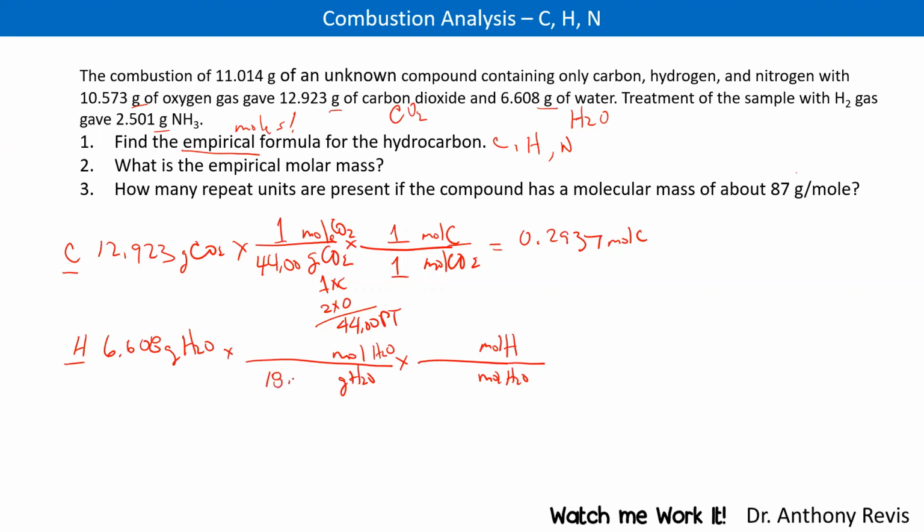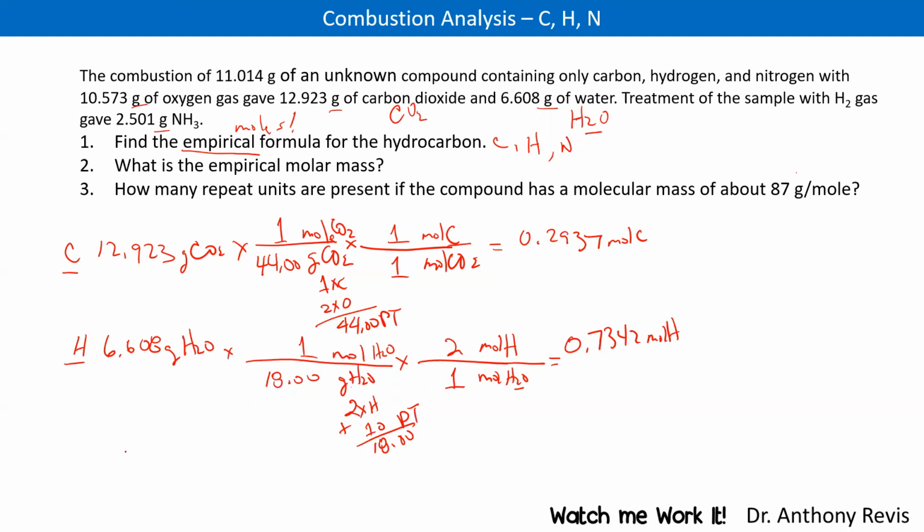We have 18.00 grams to every 1 mole. I know that because it's 2 times H plus 1 times O from the periodic table, and I get 18.00 grams per mole, all by using periodic table values. Next, we take a look at the molar ratio. For every 1 mole of water, I have 2 moles of hydrogen. How do I know? There's a big 2 in it, H2O. So that's the ratio. Now I take these values, punch them through my calculator, and I get 0.7342 moles of H.